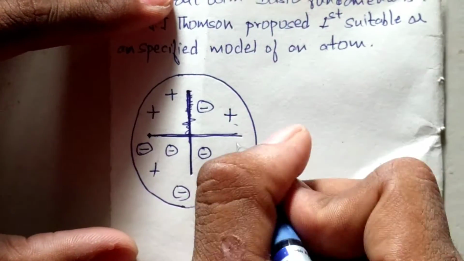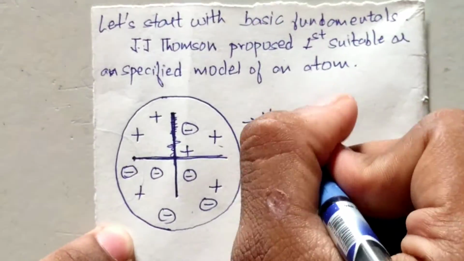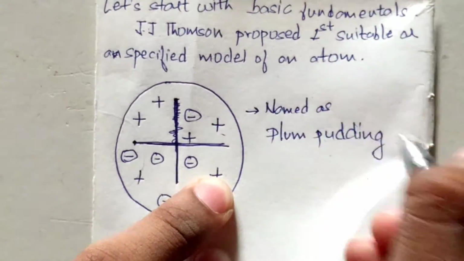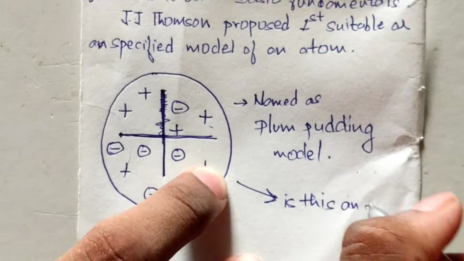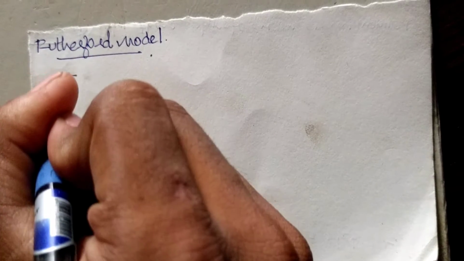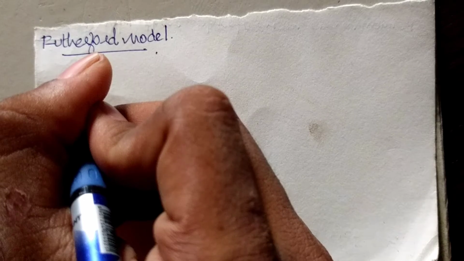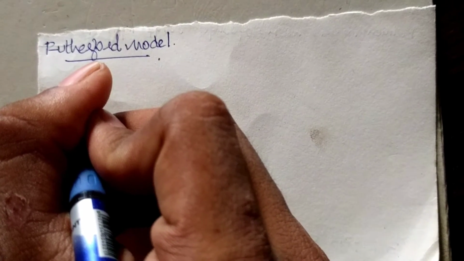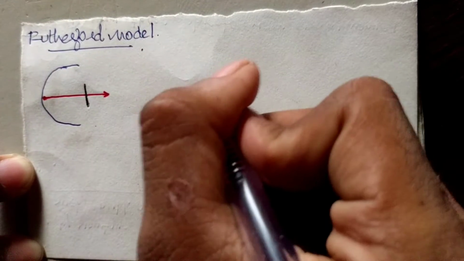This model was not quite accurate, because after that, Sir Rutherford came up with something which changed the history of particles. He did his gold foil experiment, in which he shot some rays at a gold foil and observed something quite noticeable.